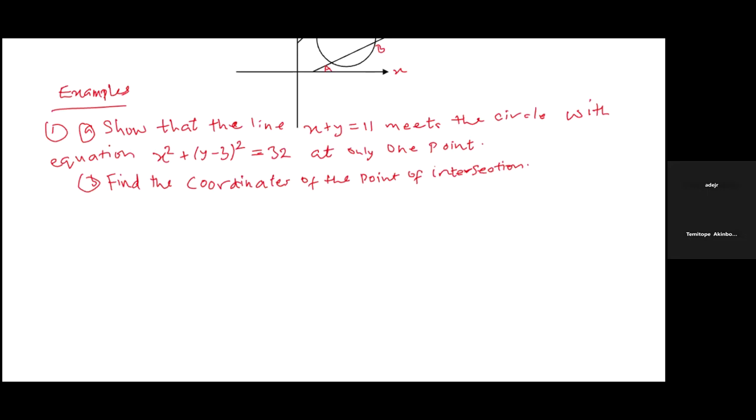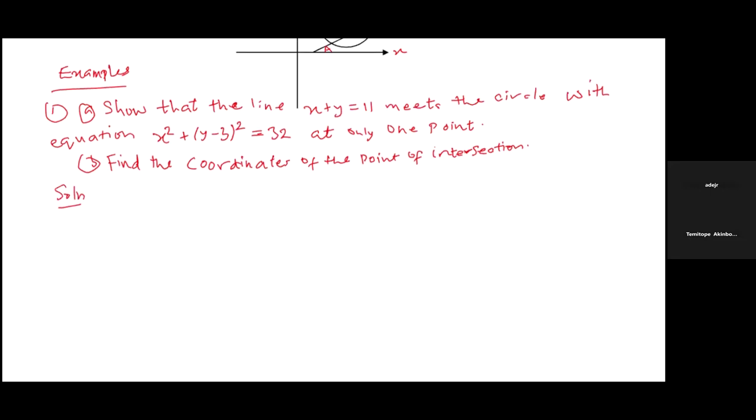So let's look at the solution. Now, question A says you should show that this line x plus y equals 11 meets the circle with equation x squared plus (y minus 3) squared equals 32 at only one point.